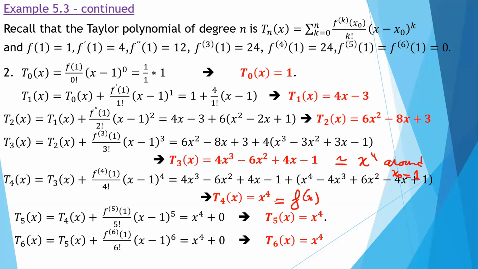But if the degree is less than 4, of course, we'll have this polynomial as an approximation of x^4. But if you want to approximate a polynomial of degree 10 by a polynomial of degree 20, the best approximation will be the original function.